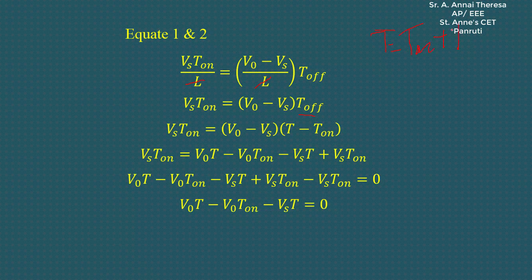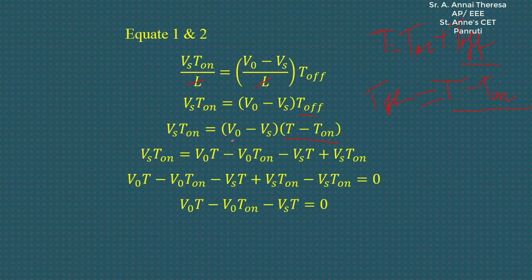From this you can write the T off value. T off is equal to the total time minus on time. If you bring this term over, there will be a minus. So off time is equal to total time minus on time. Next, Vs T on is equal to, we multiply this V0 with the whole term.